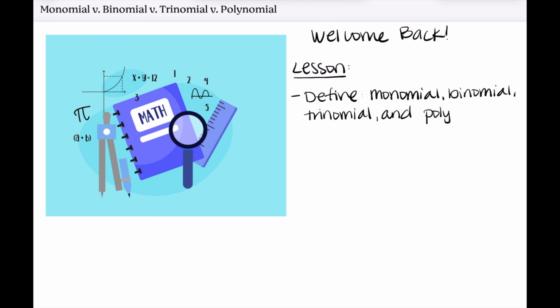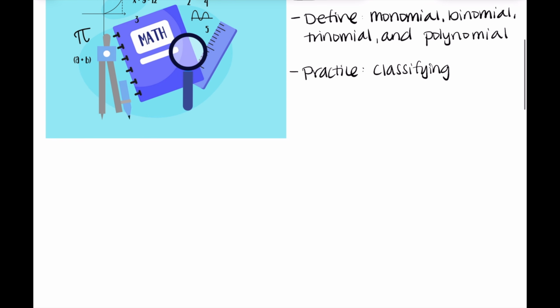And then once we do that and once we understand that, we'll get into our practice section for today. And in our practice section, we will just be classifying different expressions and equations as either monomials, binomials, trinomials, and polynomials.